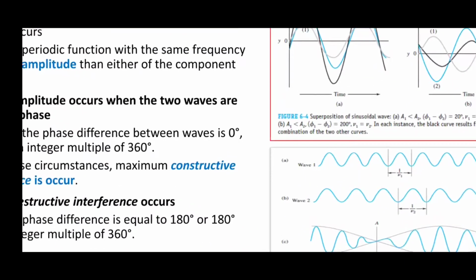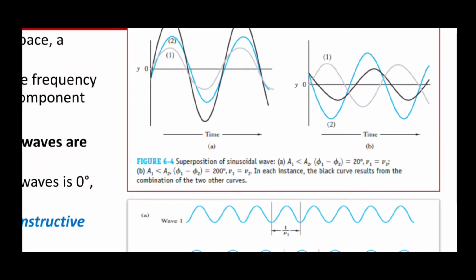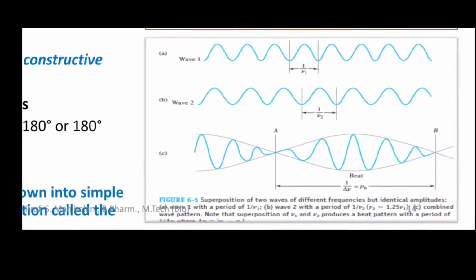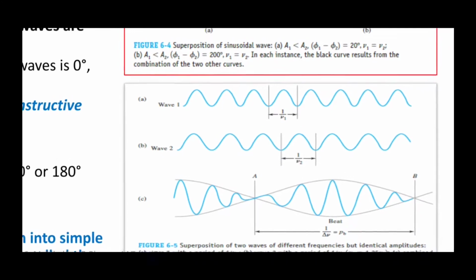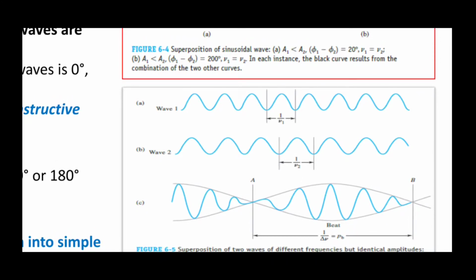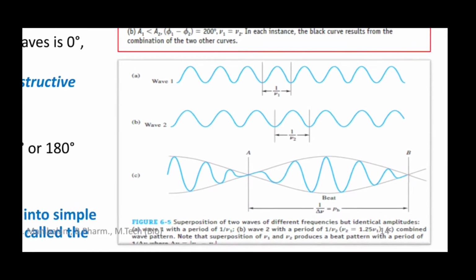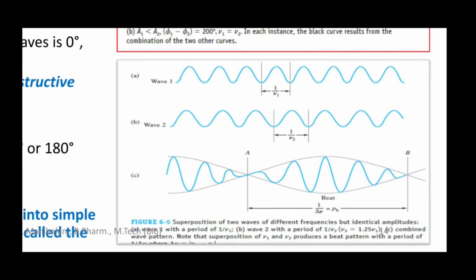Okay, now you can see wave 1 in the picture, figure 6.5. You can see that wave 1 has a wavelength, and wave 2 has a slightly bigger one, right? This is the superimposition of two waves of different frequencies but identical amplitude, which means frequency is the number of oscillations, right?